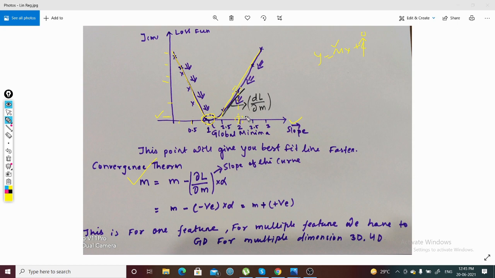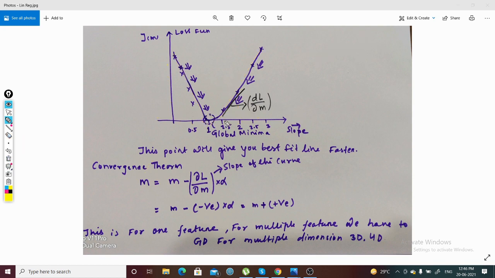What should our next approach be? We have to go further. We can take a larger coefficient value, or we can take a smaller slope value, to get less error or less loss, right? How to find that out is our main concern.